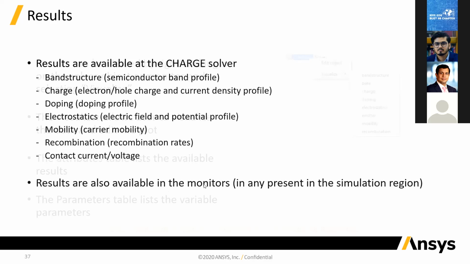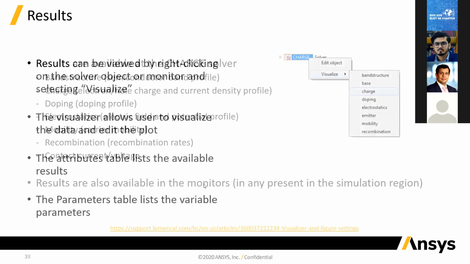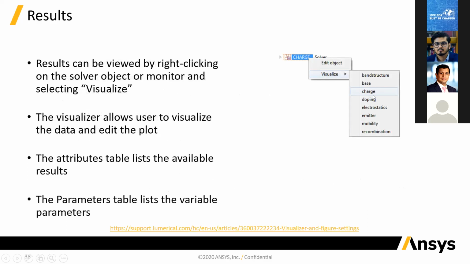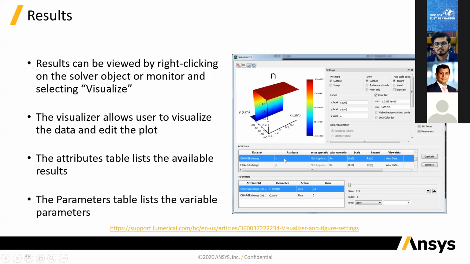The way you view the results is very similar. Wherever you have results available, you right click, click on visualize, and then you pick the results that you want to visualize, and it'll open up. For example, here we can see the charge density. You have two attributes, N and P. If you click on N, it shows you the electron density profile. And if you click on P, you'll see the hole density profile.